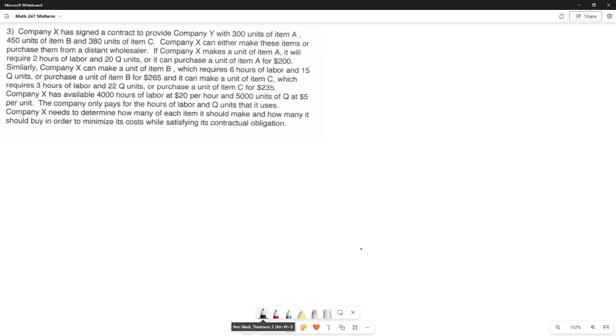We don't know how many they're making in-house of item A, we don't know how much they're buying, we don't know how many they're making in-house of item B, how much they're buying, and how many they're making in-house of item C and how much they're buying. So sorry, that's 6 unknowns.